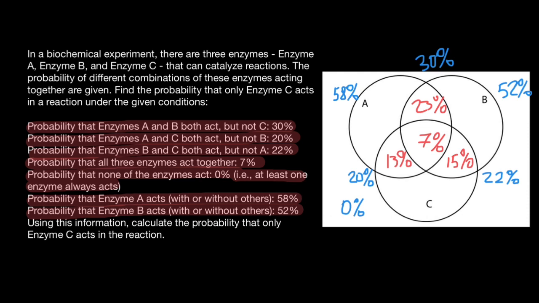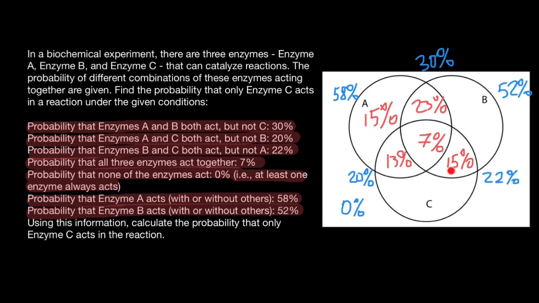So actually what we are going to do, we know that these three parts belong to the circle A, as well as this fourth part. So 58 minus 23 minus 7 minus 13. So together they would make 43%. So 58 minus 43 would give us 15% for this section.